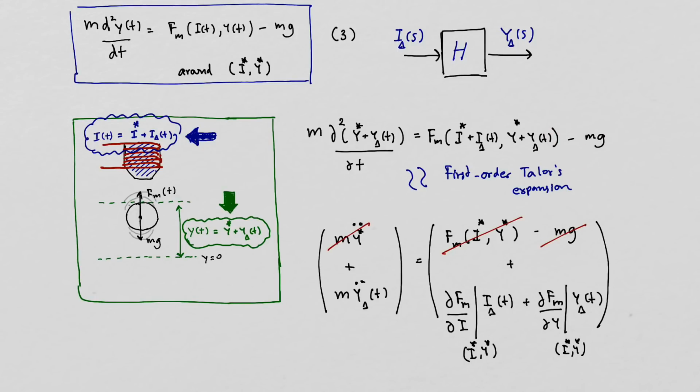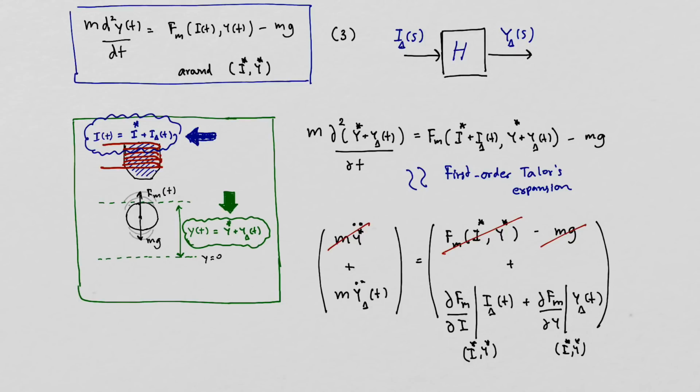Observe that with the nominal values of I and y, we have the nominal force Fm here. Together with the gravitational force, we describe the nominal acceleration. An example of this is when I star and y star just produce the right force that cancels precisely the gravitational force and makes the acceleration of the nominal y equal to 0.